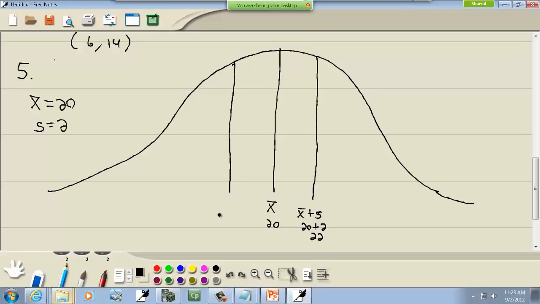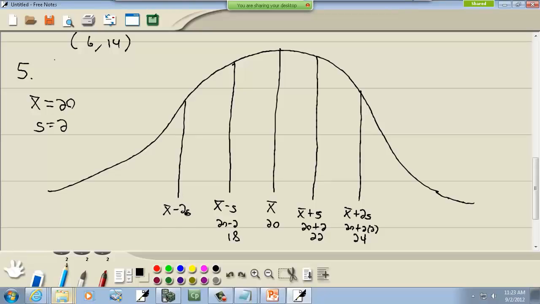Now going out this way, this would be x bar minus S, so this would be 20 minus 2, or 18. Well, go another one out. This is x bar plus 2s. So we've got 20 plus 2 times 2, which gives us 24. And this one would be x bar minus 2s.